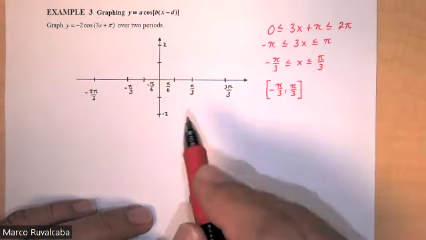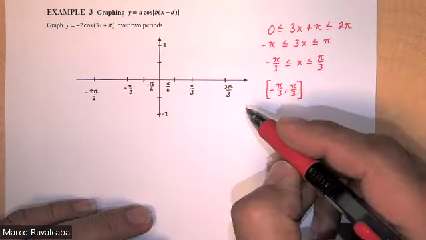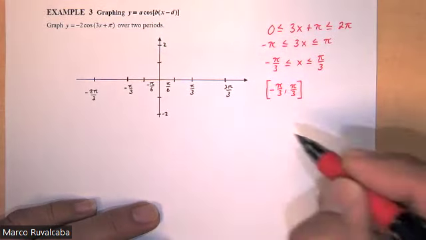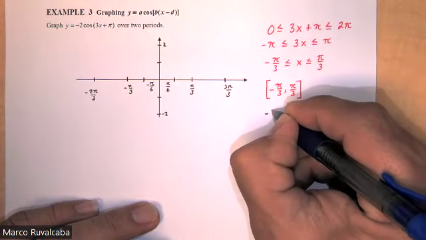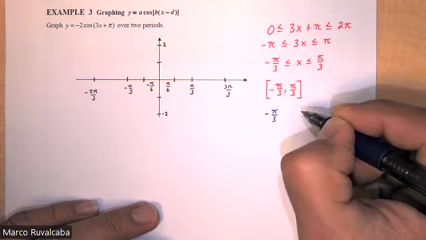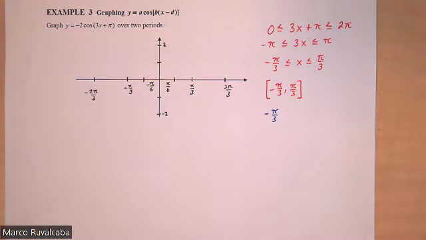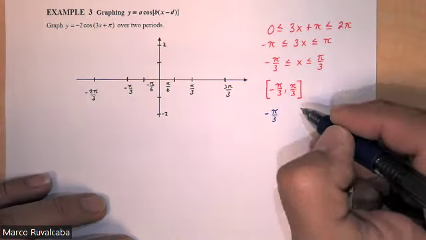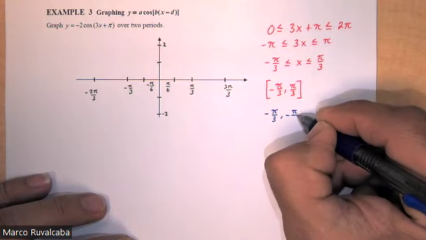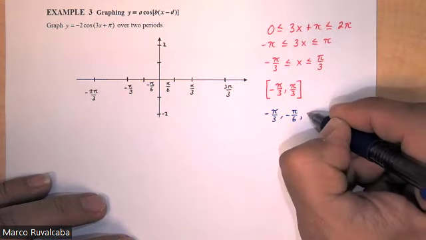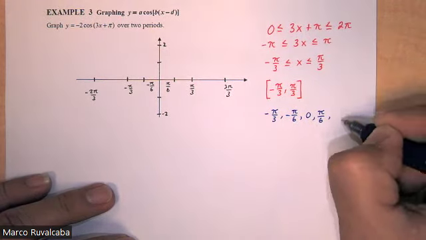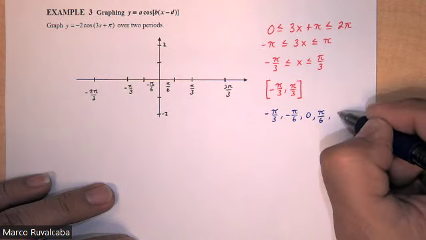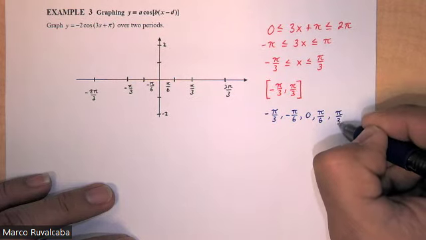Okay, so for the first one, the one I'm going to graph, the first point will have an x value of negative pi thirds, and then I'm going to add pi over 6 to it, and that'll give you negative pi over 6, and then add pi over 6 to that, that'll give you 0, and then add pi over 6, that'll give you positive pi over 6, and then add pi over 6 again, and that'll give you pi thirds.